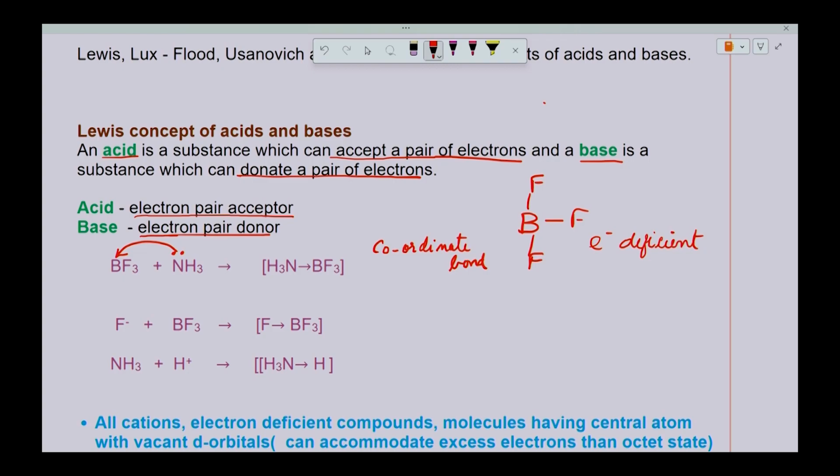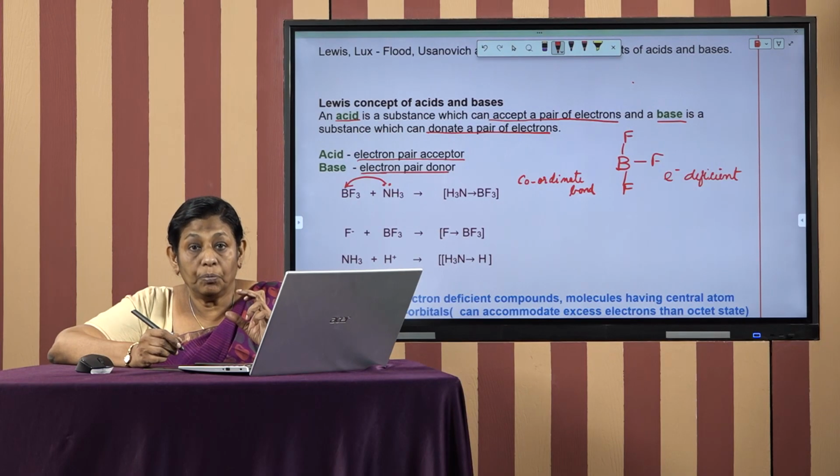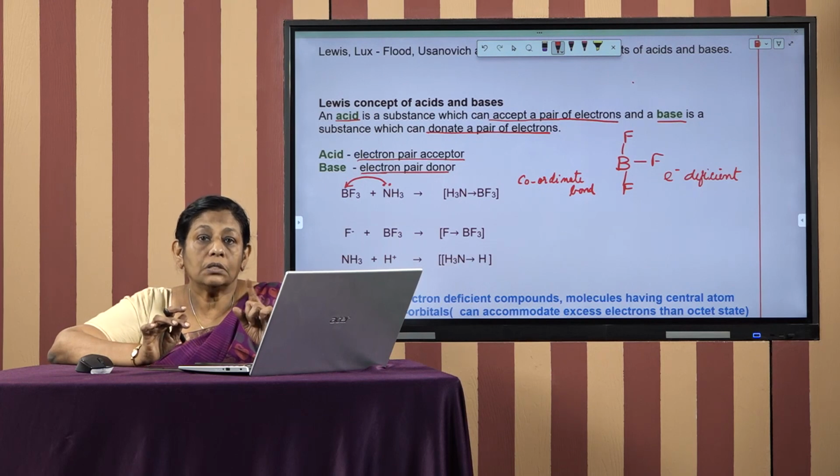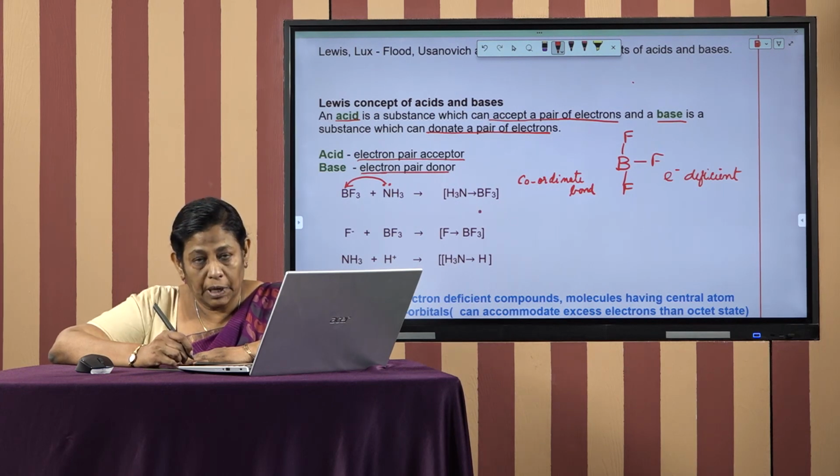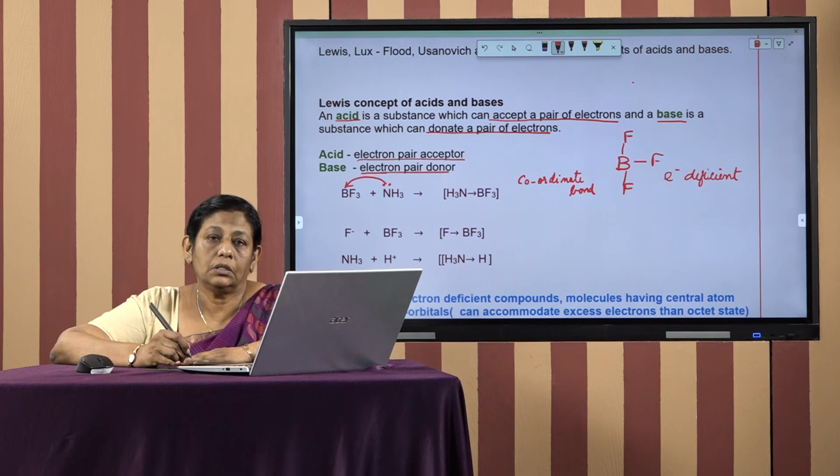A coordinate bond is a bond where the electron pair shared by 2 atoms is donated by a single atom. In this case it is nitrogen. Nitrogen donates a pair of electrons to boron, and they both share that pair, which is represented by this arrow.